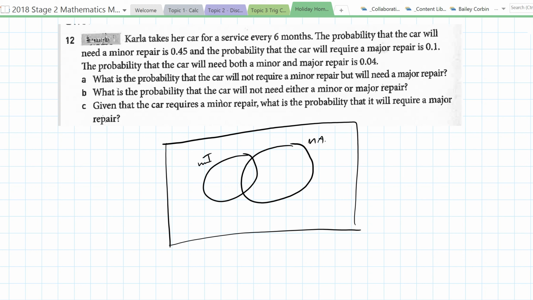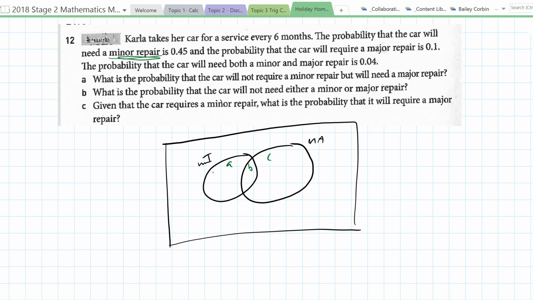Now, the probability that it needs a minor repair is 0.45. When looking at the probabilities here, we have little regions. I'm going to call them A, B, and C. Now 0.45 is the probability of a minor repair, and lots of people will be tempted to write in 0.45 here. But that's wrong, because the minor repair is the entire circle.